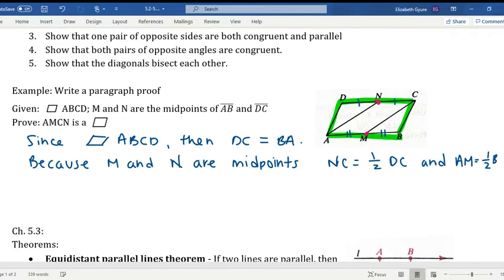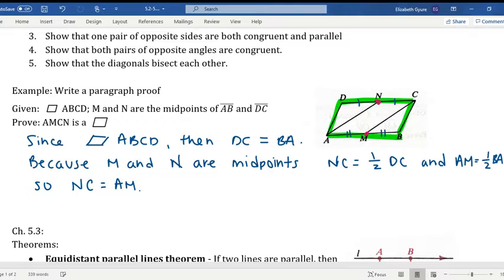And obviously, if you're writing this on your own, there's a lot of different ways to phrase this. Okay. Now, if DC was equivalent to BA, can we then now assume that NC equals AM? Yeah, does the half really change anything? No, because there's a half on both of them, right? That'll stay equivalent. So because M and N are midpoints, the measure of NC equals 1/2 the measure of DC, and the measure of AM equals 1/2 the measure of BA. So the measure of NC equals the measure of AM.